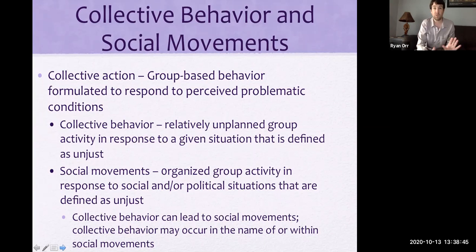And then we see social movements in comparison as being more formalized. There's organization, there are resources being allocated, distributed, and used to keep the organization going as a whole. So that's how we separate the two. One is planned out, one is organized, and the other one's, relatively speaking, unplanned and spontaneous.